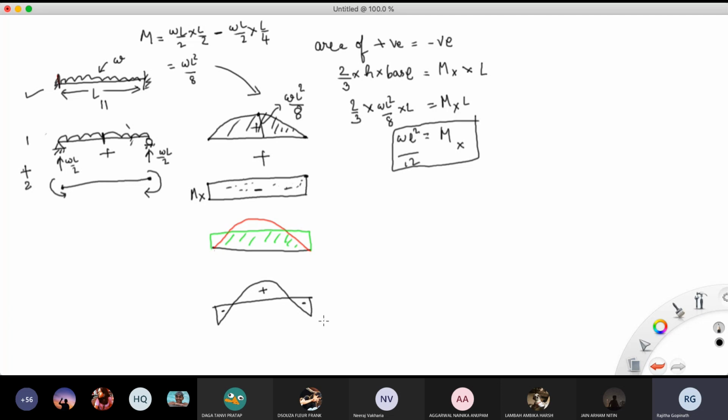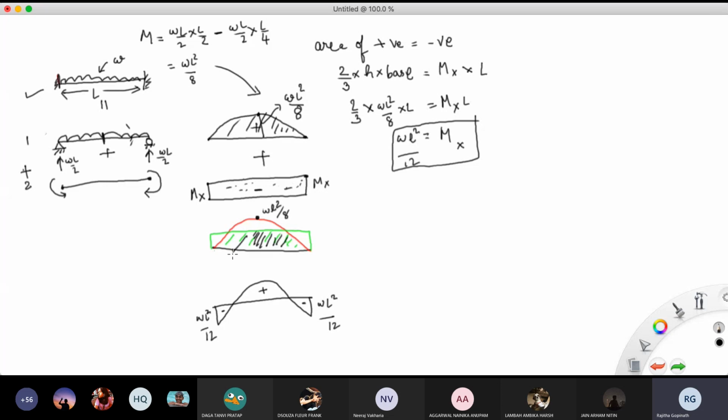तो ये मुझे समझ में आया कि ये WL square by 12 है क्योंकि ये Mx है ना. So this is Mx, और Mx मैंने find किया. What is Mx? WL square by 12. So this is Mx, so this is also Mx, so this is also WL square by 12. Now I know that यहाँ पे the highest point is WL square by 8. उसमें से इतना portion तो निकल गया WL square by 12 का.